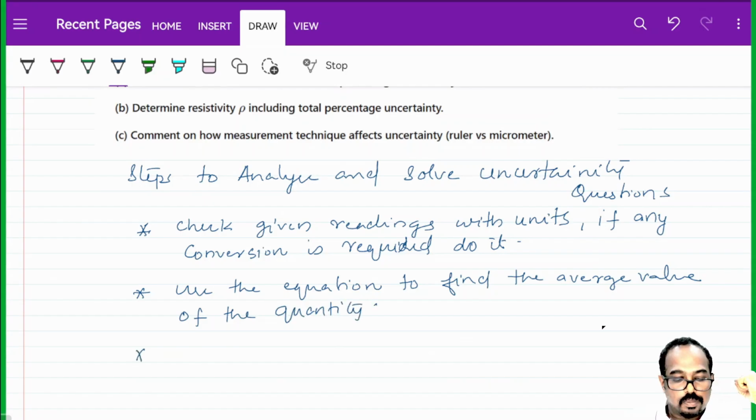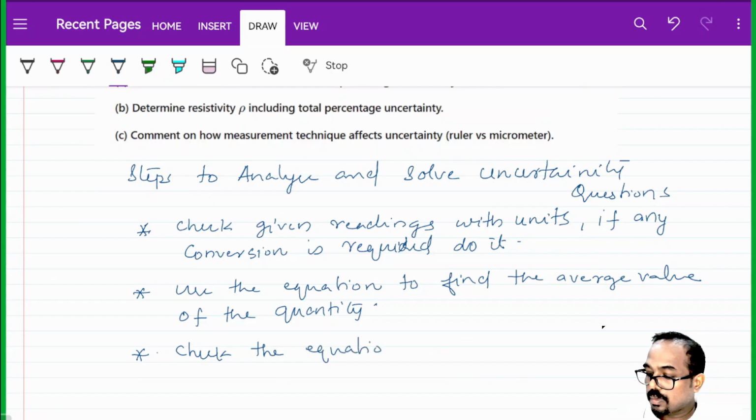The third step, after finding out the average value using that equation, you will check the equation for the uncertainty algebraic rule. Whether addition, subtraction, multiplication or division is there, then you will apply the rule. So check the equation for uncertainty algebraic rule.